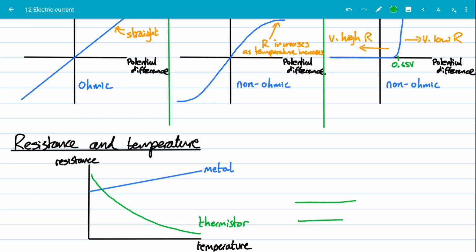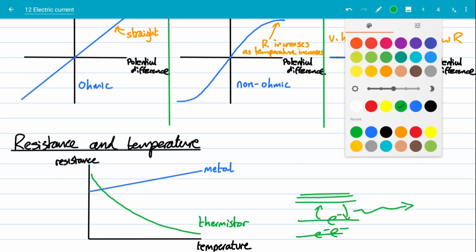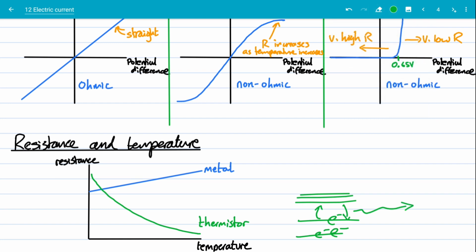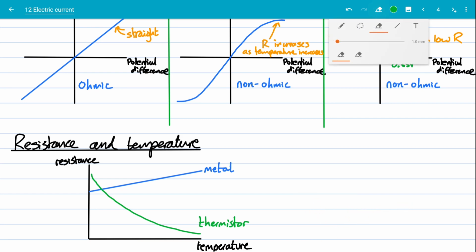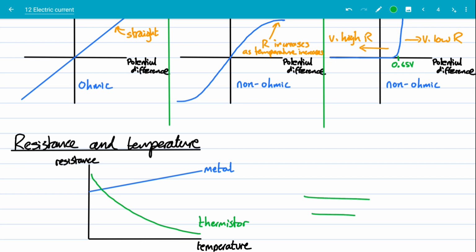Remember, we've got energy levels like this, and they get closer together, and we've got electrons sitting in these energy levels, and you give the electrons energy, they move up energy levels. When they fall down, energy is released, and all this sort of stuff we did ages ago now in the course. Well, it turns out that with certain substances, particularly things around group 3, 4, and 5, you've got your energy levels like this, but then you've got a band of energy levels and a band of energy levels, and there's a band gap.